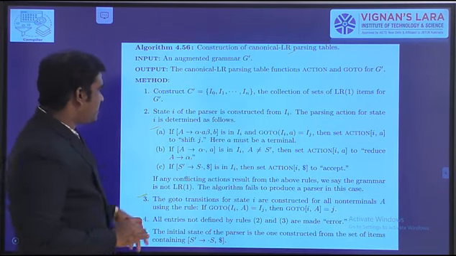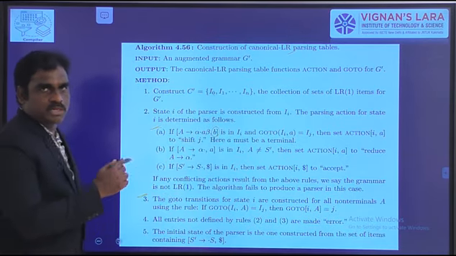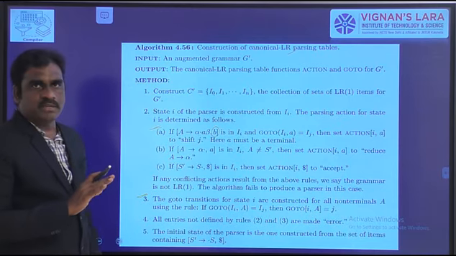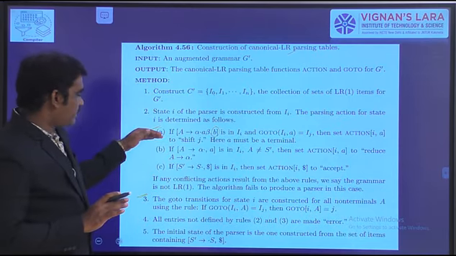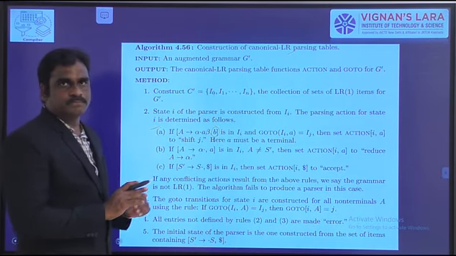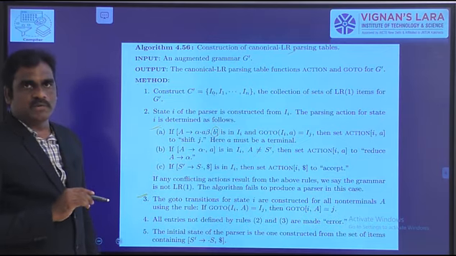In these two conditions, we need not bother about the lookup symbol, whatever it is. Whatever we have followed in the SLR parsing table, these shift operations and go to operations are followed here also, the same. There is no change. Only the change is the reduce operation.